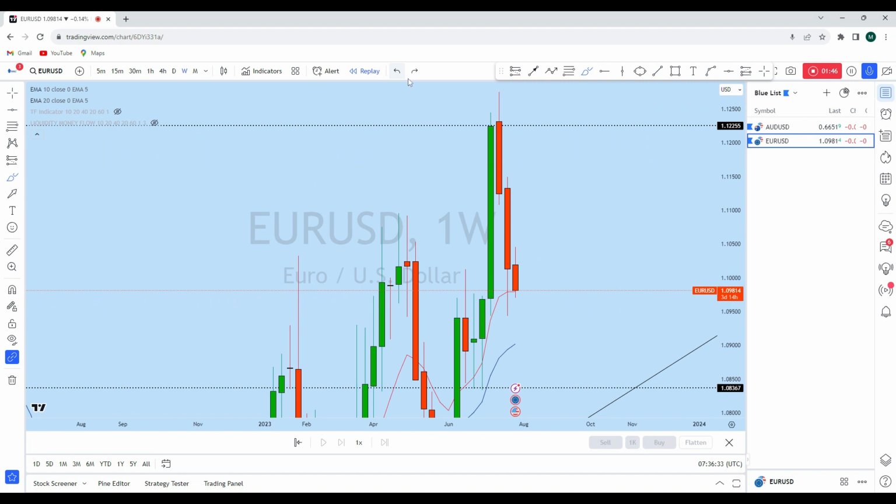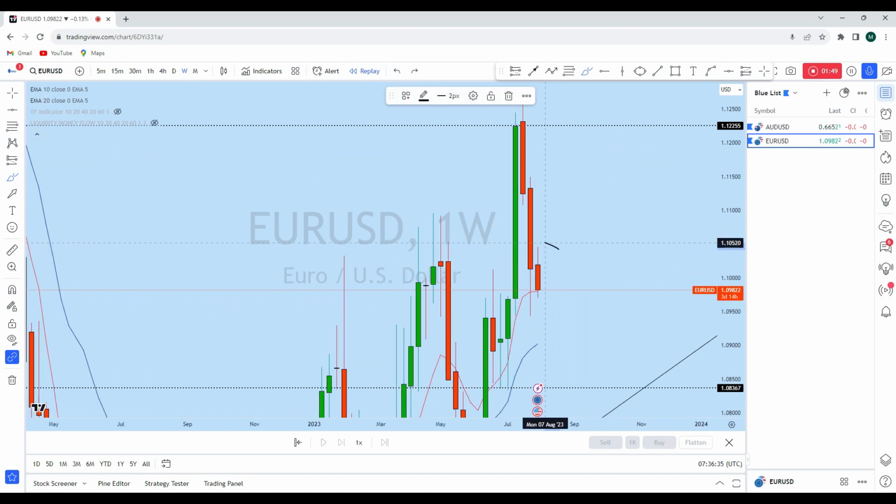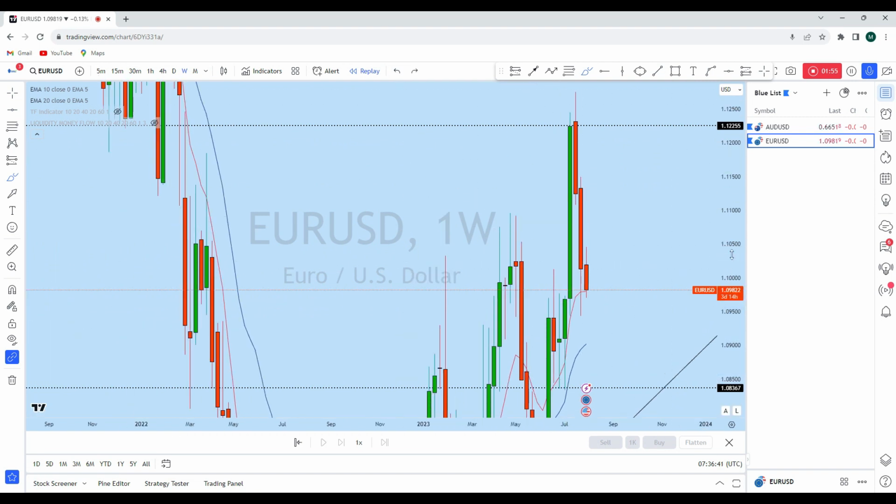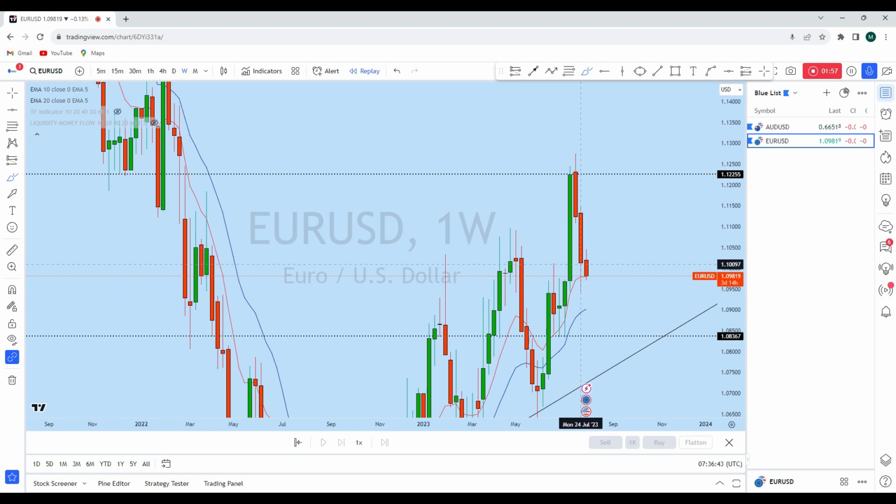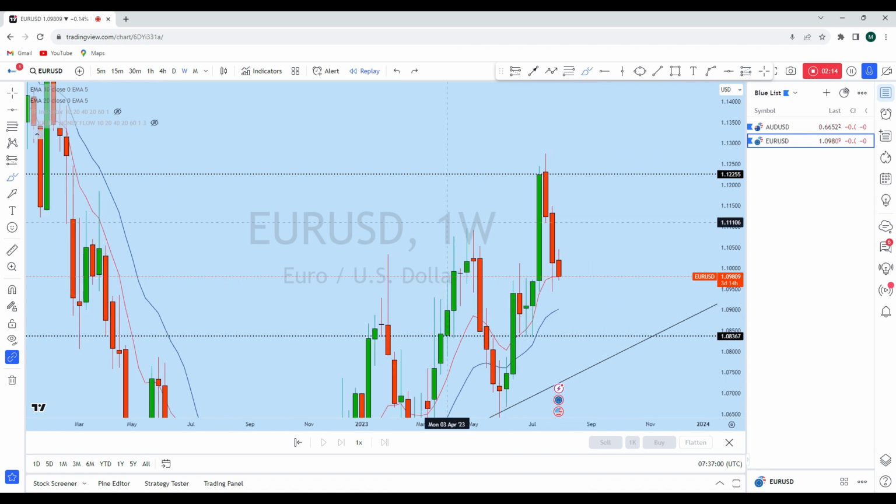This week initially we have seen a pullback to the upside, and again the price started to drop. Highly likely the price will come back down, fill that long wick and break this low, as there is liquidity below this weekly 20 EMA, as well as long wicks on three weekly candles back to back, where there is an imbalance in the market.